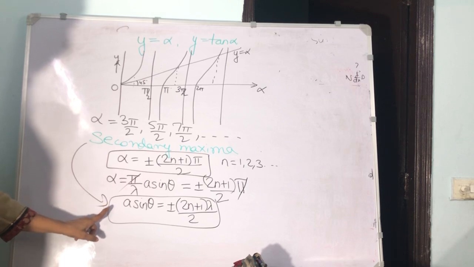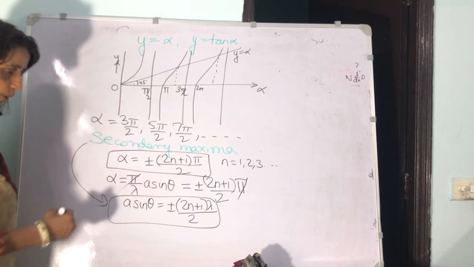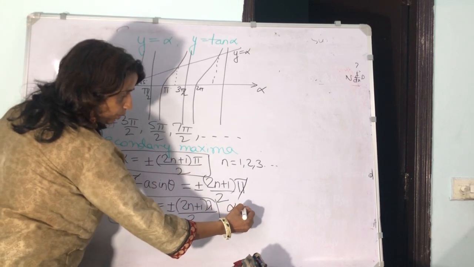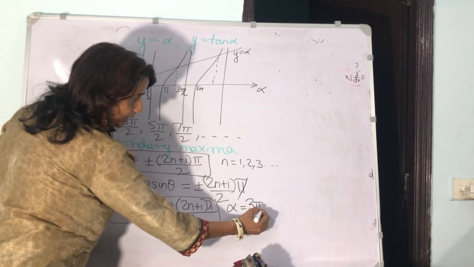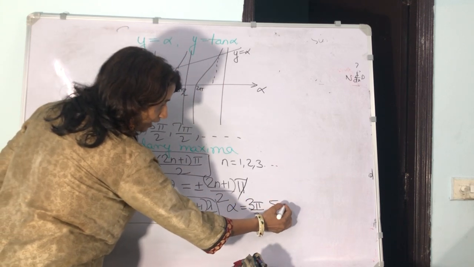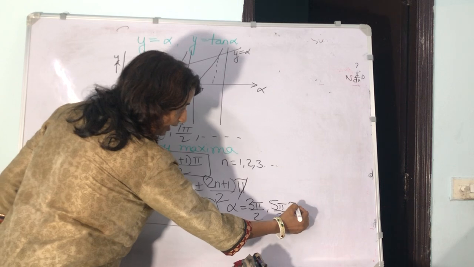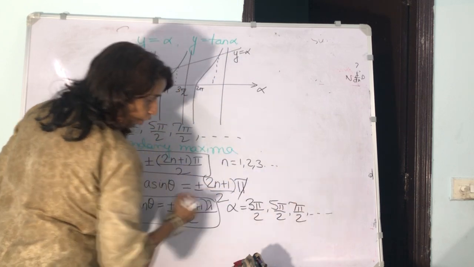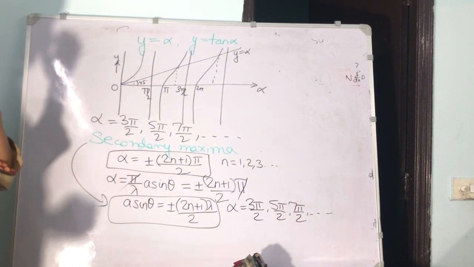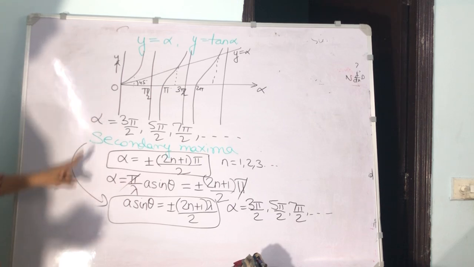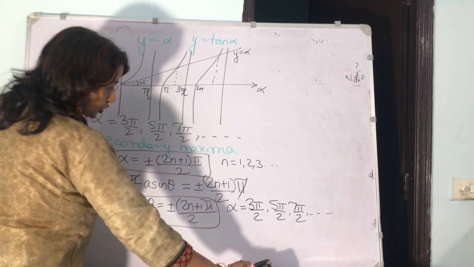Now in this expression, when we put alpha as 3 pi by 2, 5 pi by 2, 7 pi by 2 and so on, the odd series, we will get the intensity series. So let us begin.